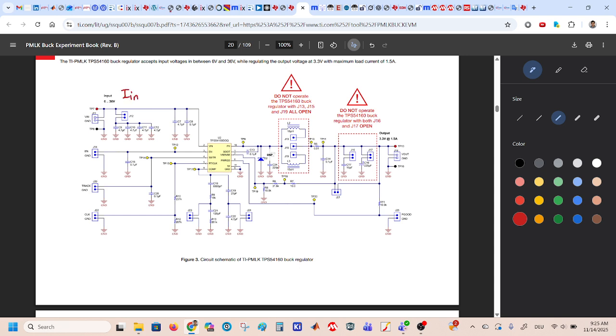Input current will look like this. And the current goes inside to the buck converter, and there's a switch, and then the current will flow through our variable inductor and then flow through our shunt resistor to the output.